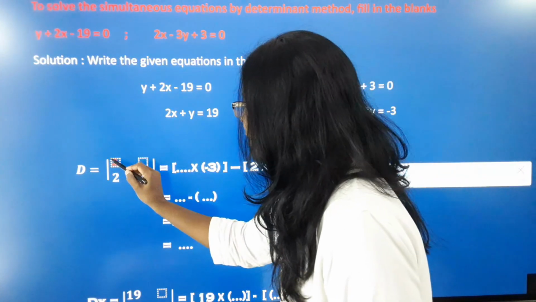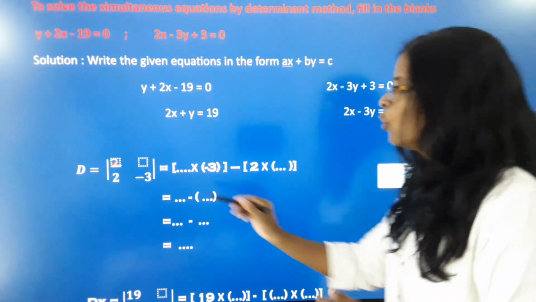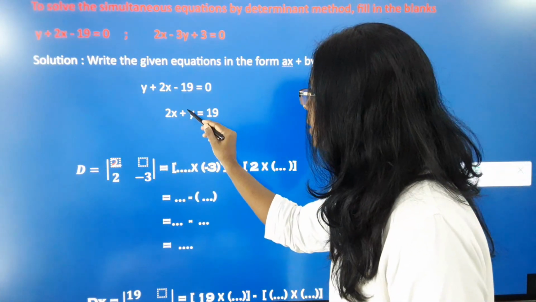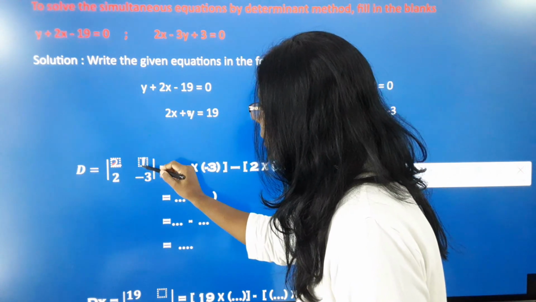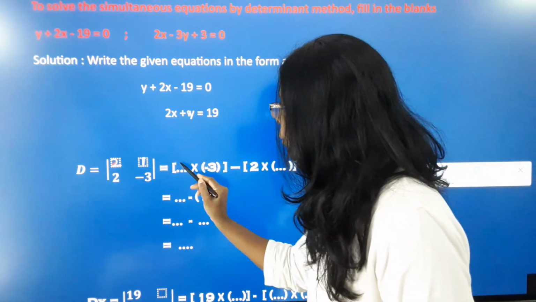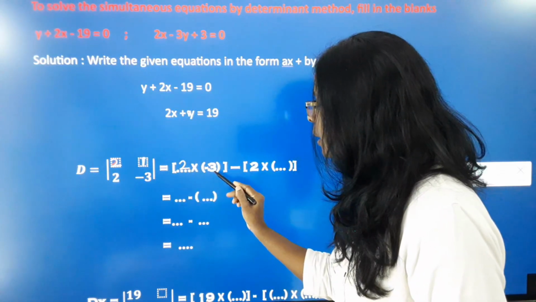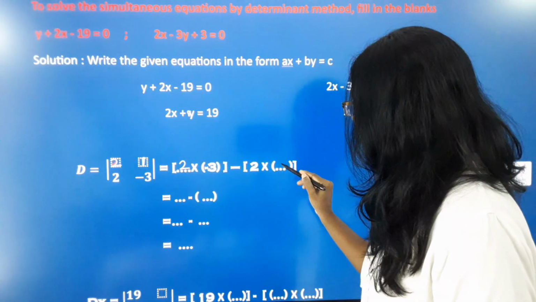Coefficient of x, that is 2, 2 in the first column, and in the second column the coefficient of y, that means 1, minus 3. So here write down 1, minus 3. Which is equal to, by cross multiplication, 2 multiplied by minus 3 minus 2 multiplied by 1.